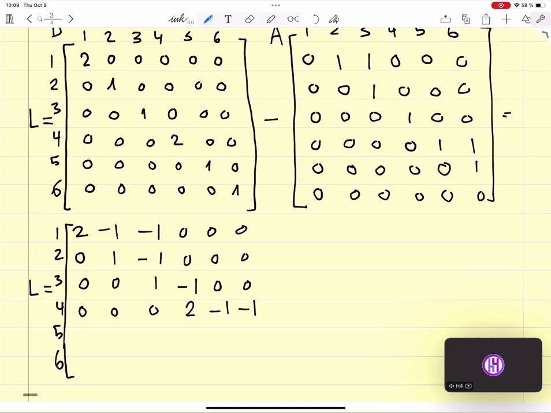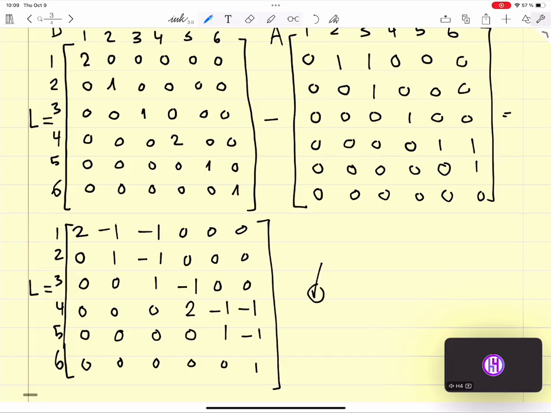For node 5, 0, 0, 0, 0, minus 1, sorry, plus 1, minus 1. For node 6, 0, 0, 0, 0, 0, 1. This is a Laplacian matrix.